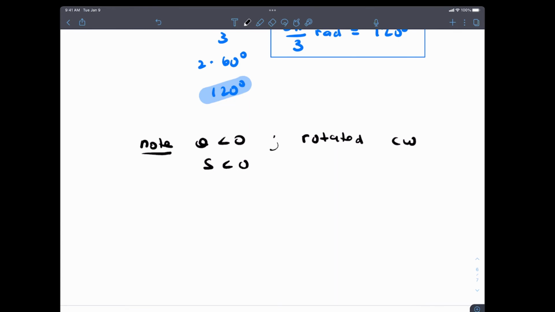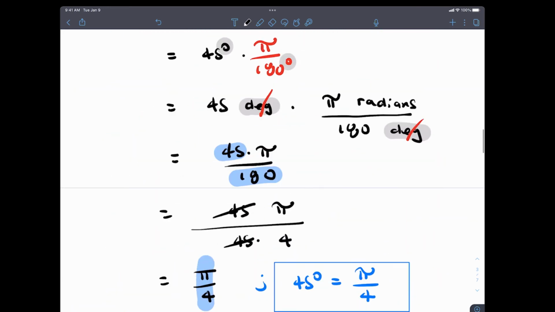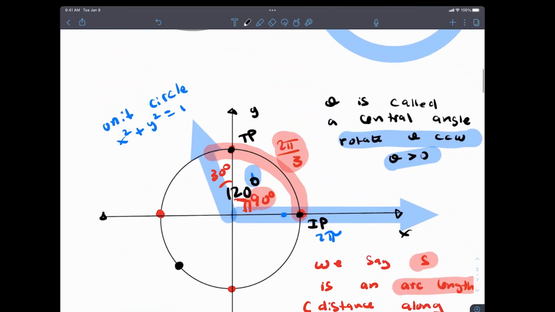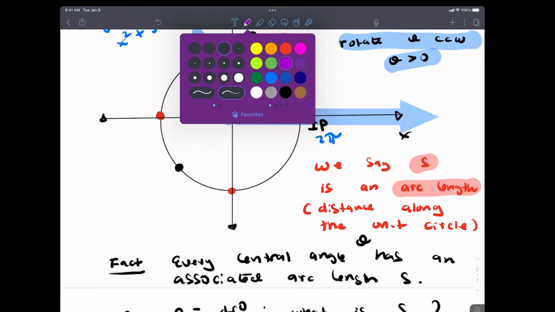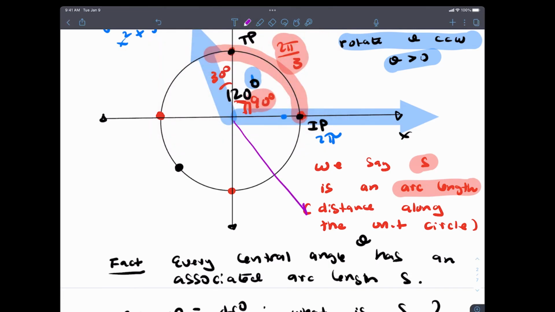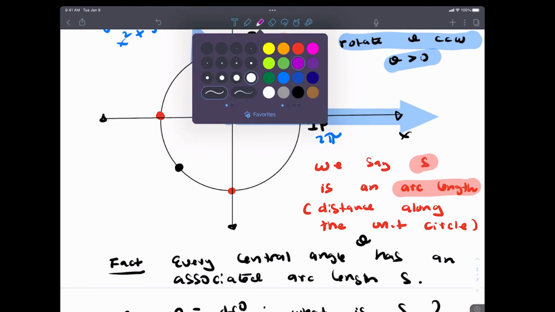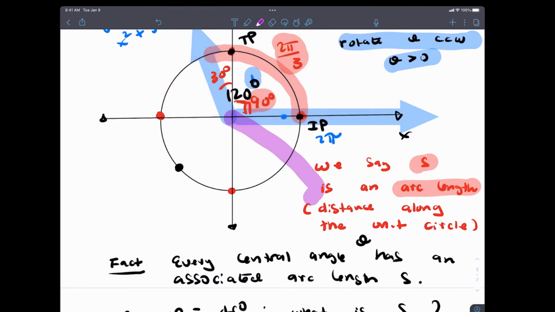What's clockwise? Right? If you start going what? Like this would be, well, I wanted to use a highlighter. You can go now this way instead, and you can say that's negative 60 degrees.